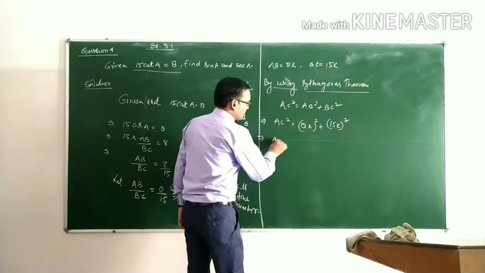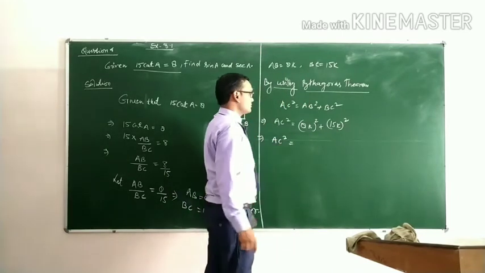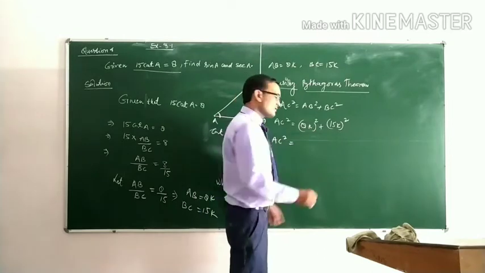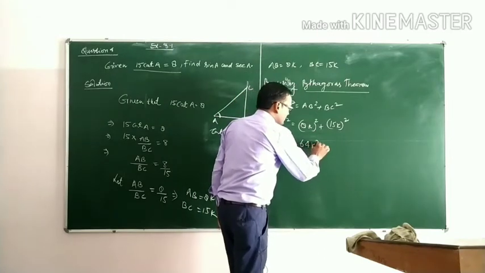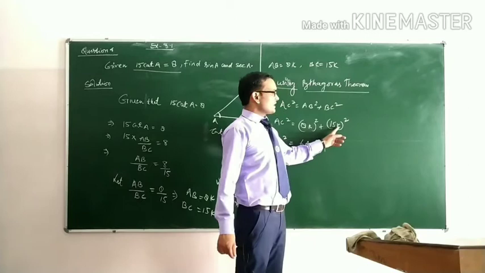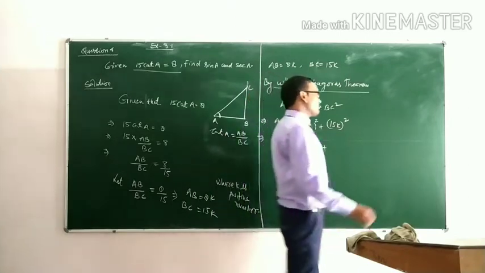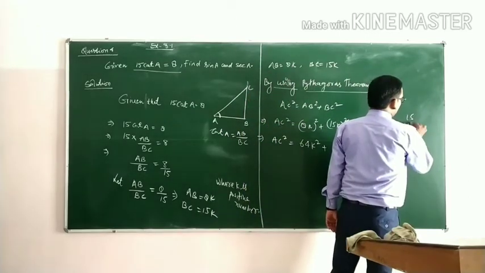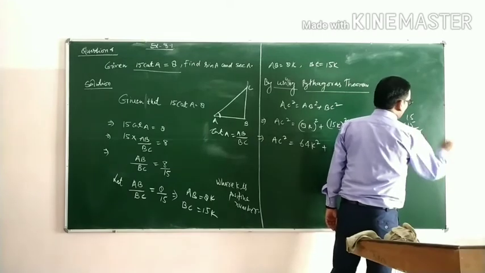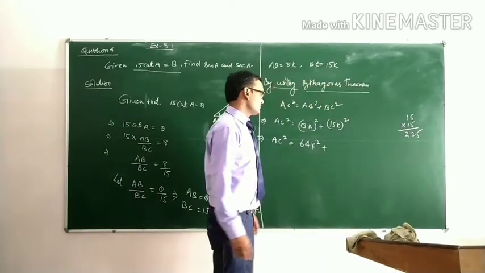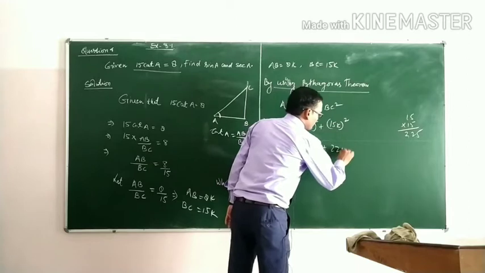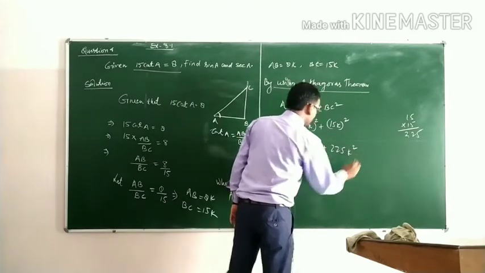This implies AC square equal to 64K square plus 225K square.